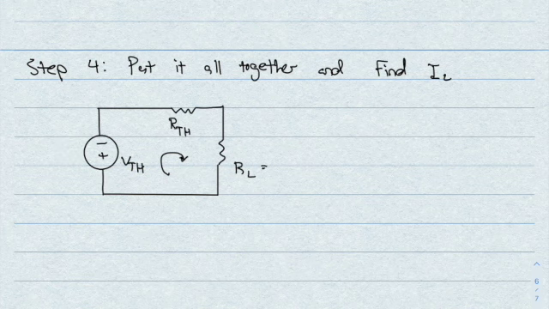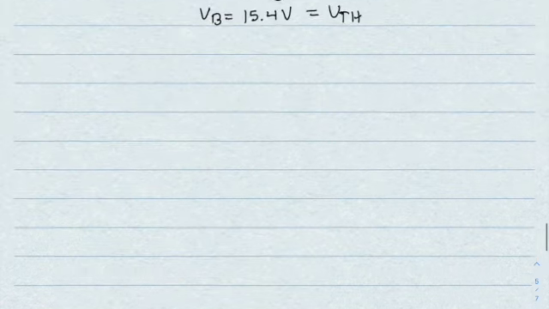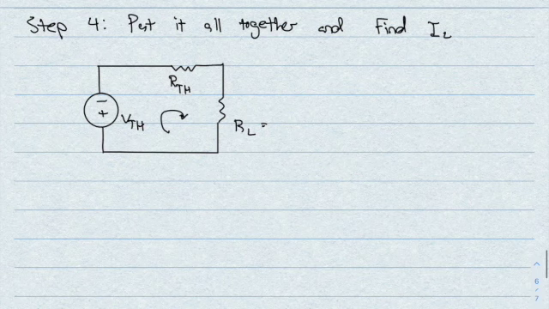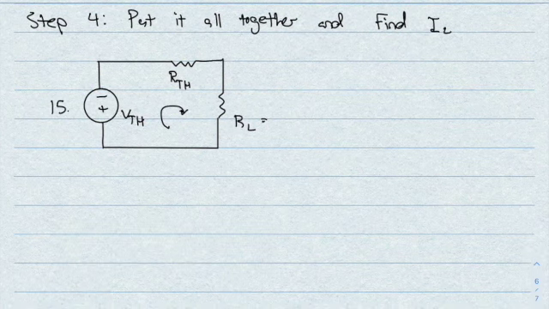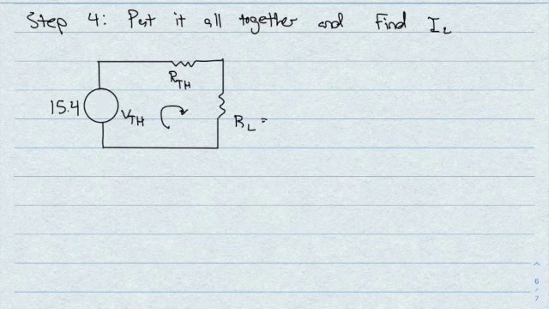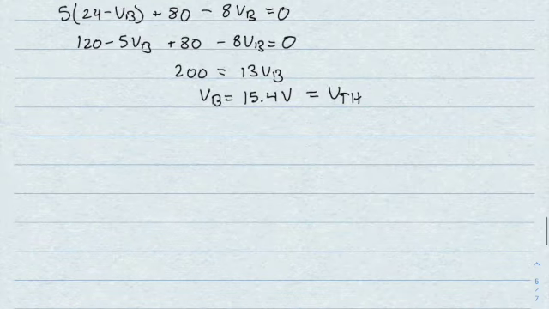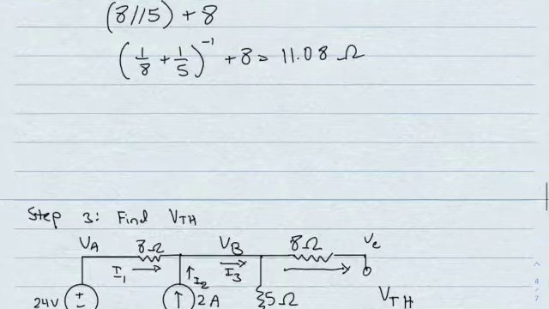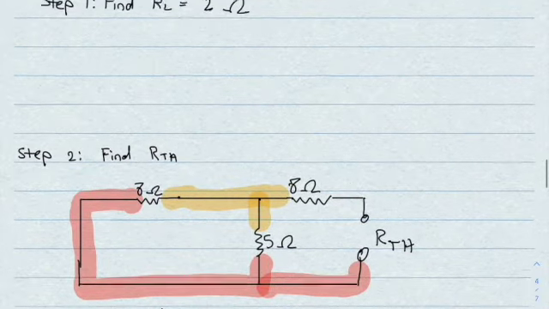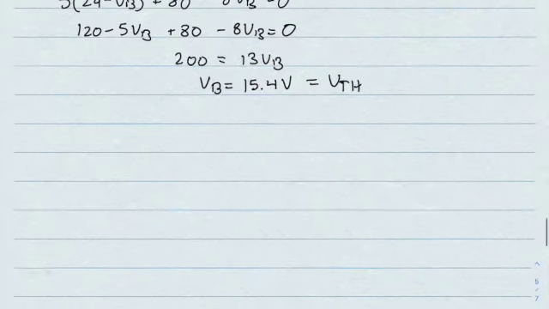All right, so V Thevenin is 15.4 volts. Switch the sign because this is now positive. Well, I remember our load is 2, and our Thevenin I think was, yeah, 11.08, and that was 2.